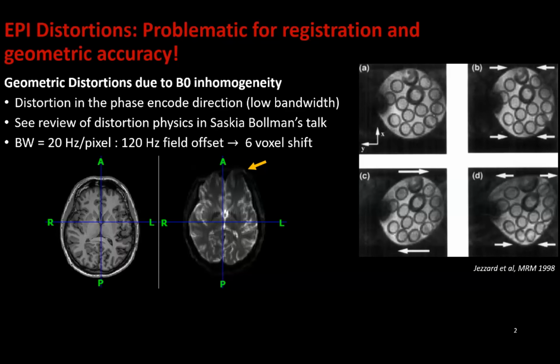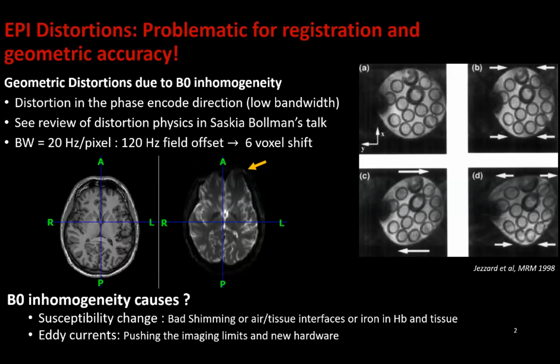And as Saskia already mentioned, the B0 inhomogeneity is primarily due to susceptibility changes in the brain, right? Renzo went through this whole process of how you shim, right? So if you have bad shimming, you're going to get B0 offset. It could be a feature of the brain itself.